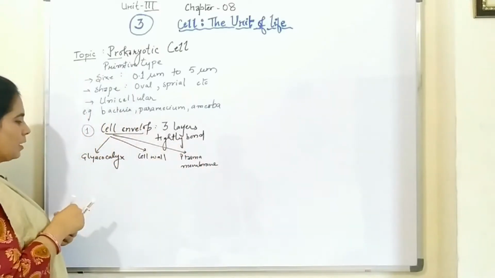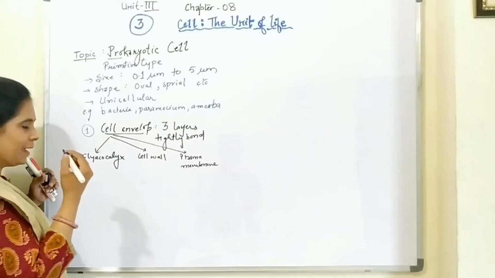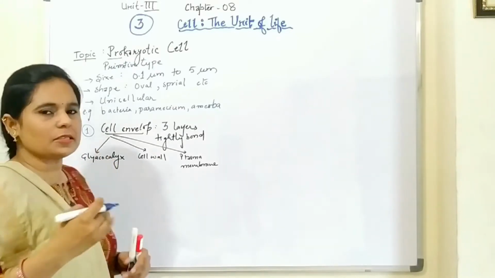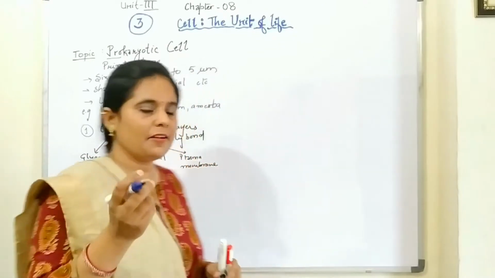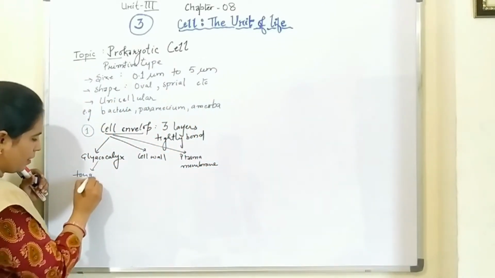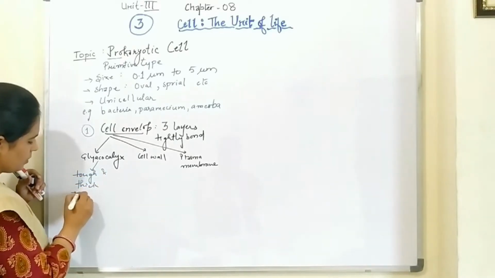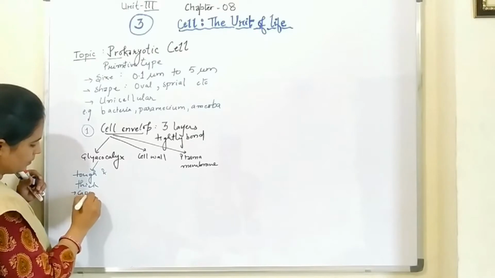If we talk about glycocalyx, glycocalyx is outermost and it differs in composition and in thickness. Fine. So if it is tough and thick, you will call it a capsule.